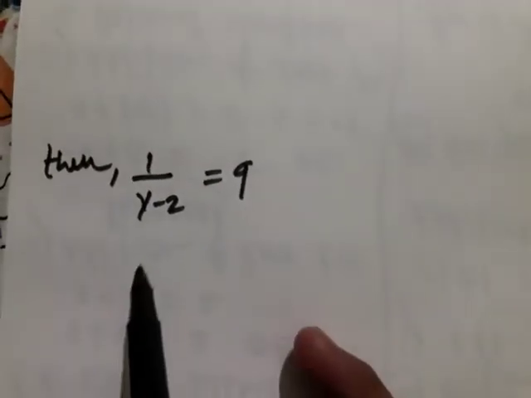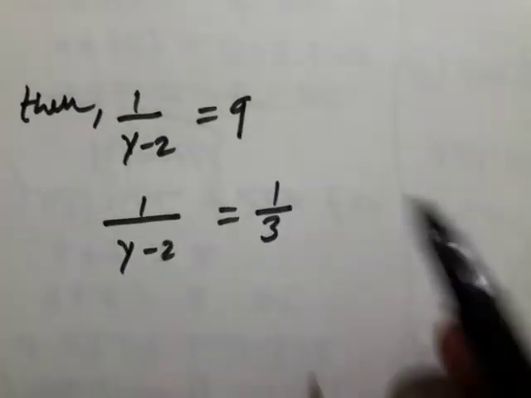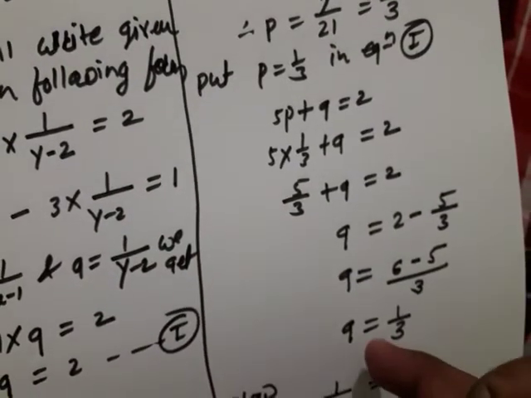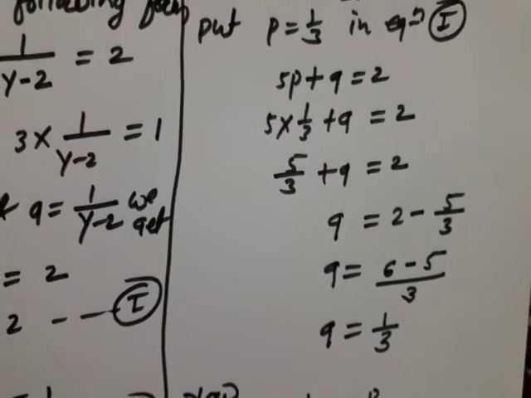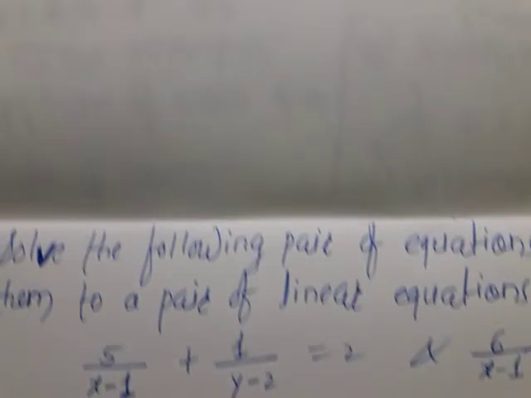Now put the value again: 1 upon y minus 2 is equal to 1 upon 3, the value of q. We had also found out the value of q here. Look, I will show you once again. Do you understand? We found the value of q as 1 upon 3. I have kept that same value over here.